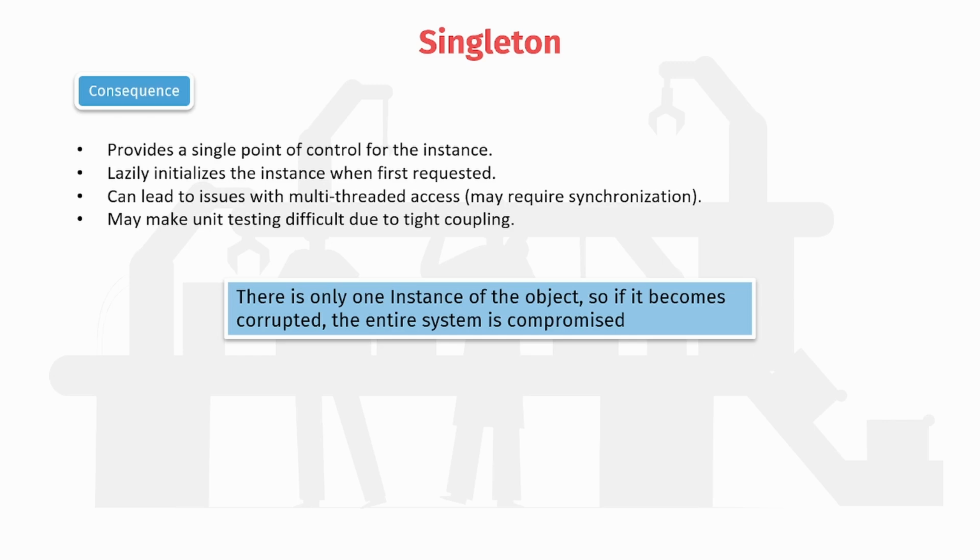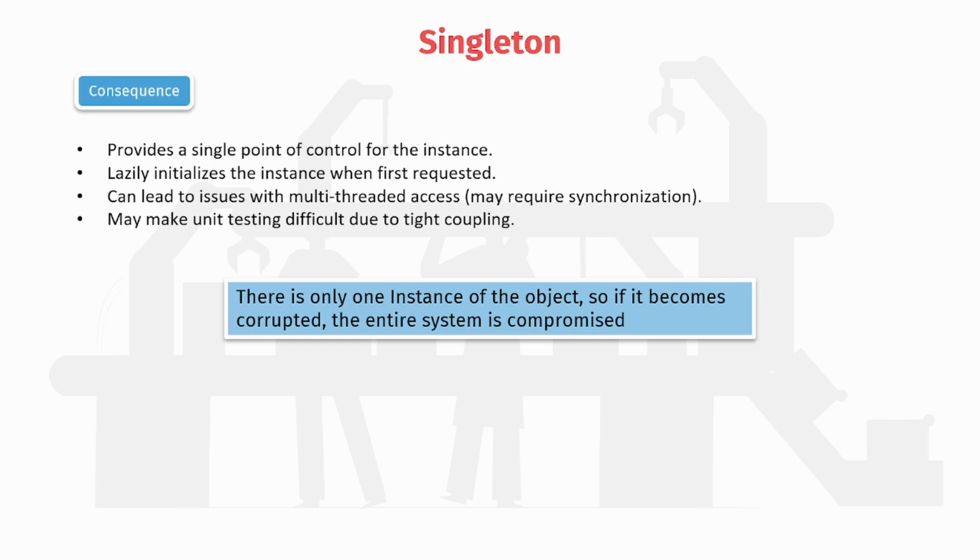And if there are other problems as well, then you will have to go to another design pattern, or some other implementation, right? That is the main idea behind it. Also, due to the tight coupling, it is difficult to do unit testing as well. But you don't have to worry about all these things.